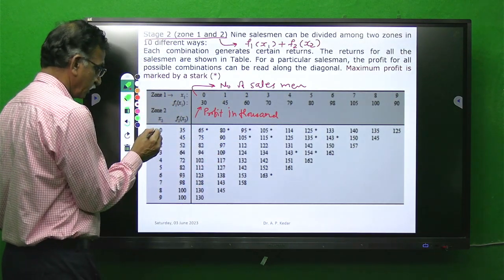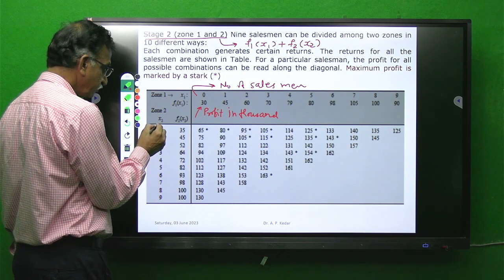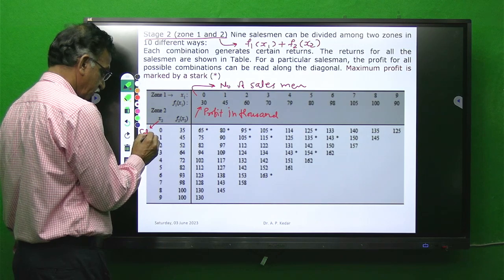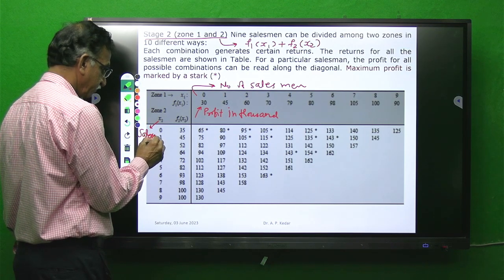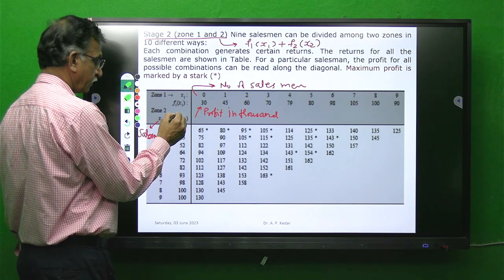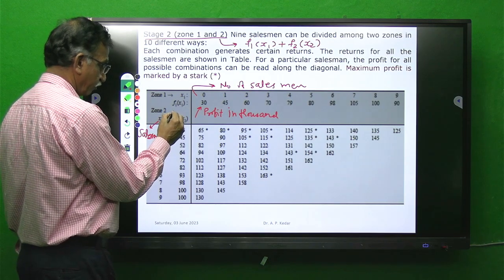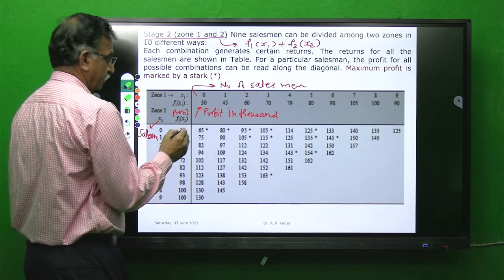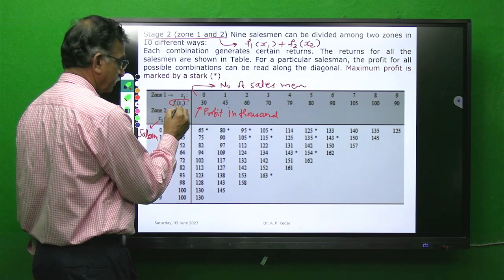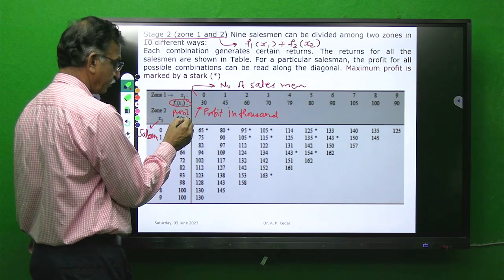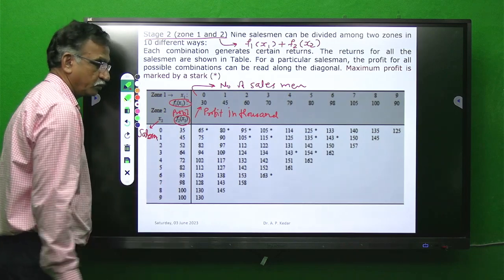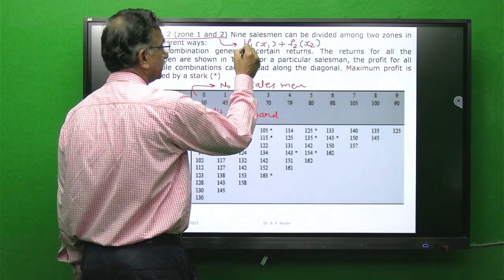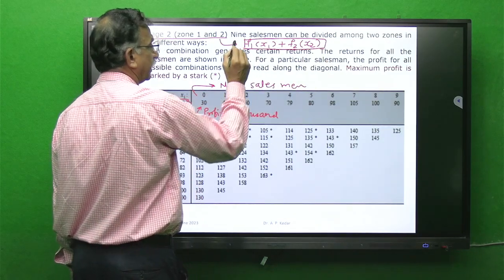Similarly, this is salesman and this is profit. So this profit is referred as f1 x1 for x1 and f2 x2 for stage 2. And what we are interested in is finding the addition of this.